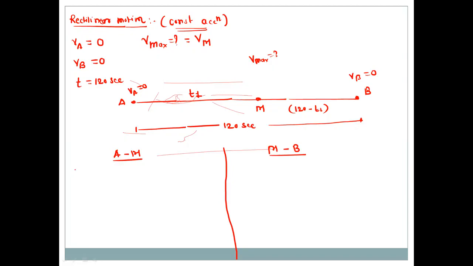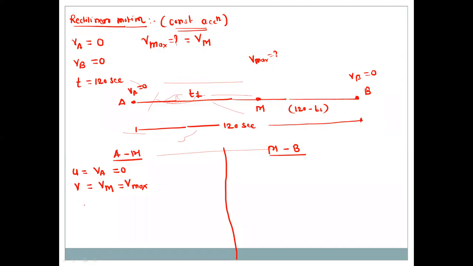So for A to M motion, initial speed u is equal to Va, that is 0. Then final speed V is equal to Vm, because M is the final point for A to M motion, and this Vm is nothing but the Vmax.